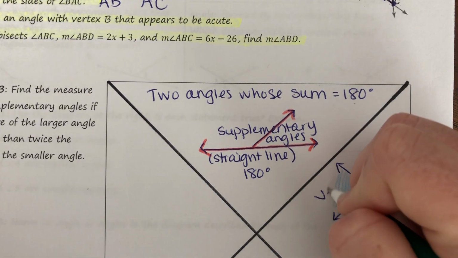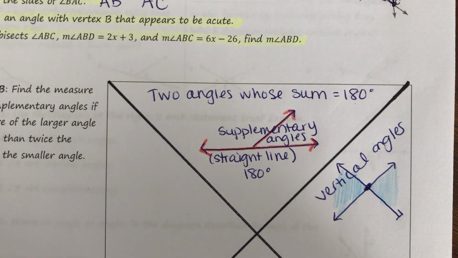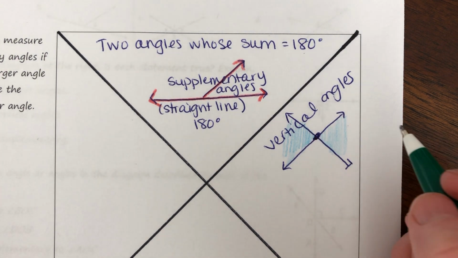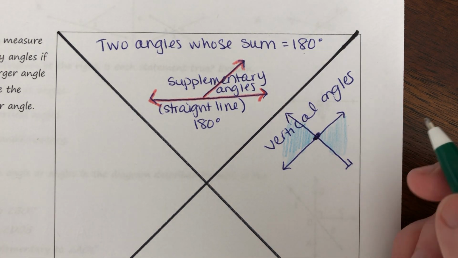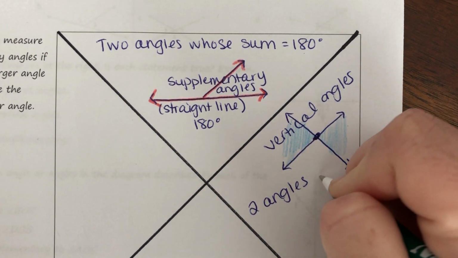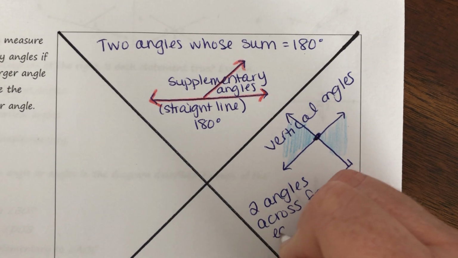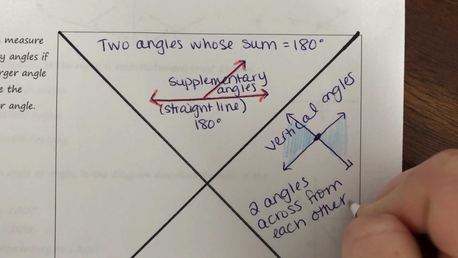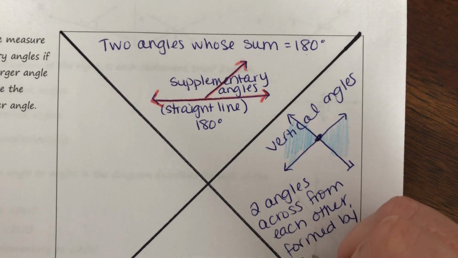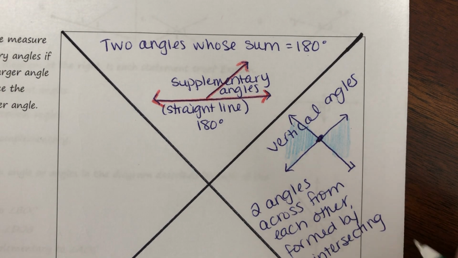I'm going to write vertical angles. Can y'all see that? Yeah. Vertical angles are two angles across from each other formed by two intersecting lines, two straight lines that cross over each other.